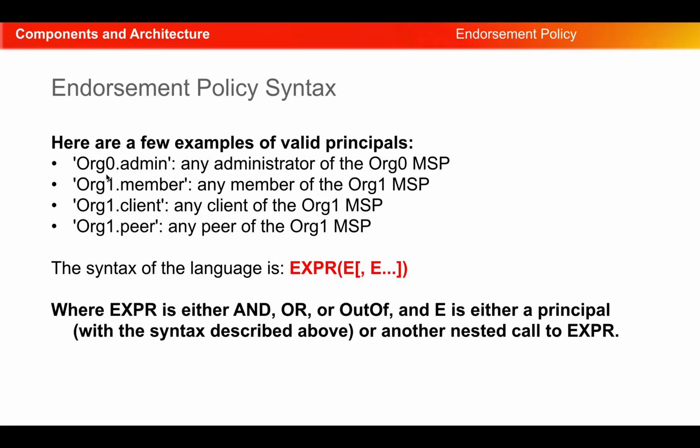When we say org0.admin, it means any administrator of the organization 0 MSP, which internally means any administrator who holds organization zero's membership service provider certificates, which are X.509 certificates.